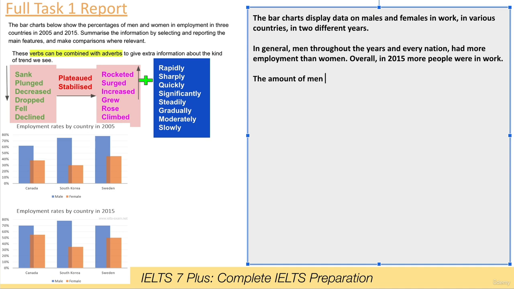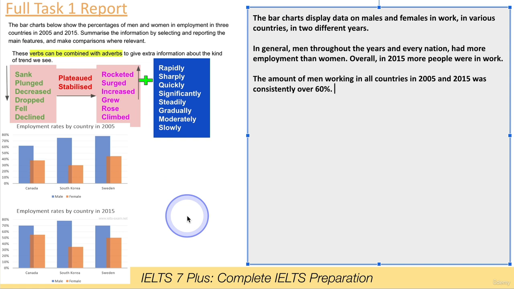So the amount of men working in all countries in 2005 and 2015 was consistently over 60%. We're doing a nice introduction there to start reporting on men's employment.